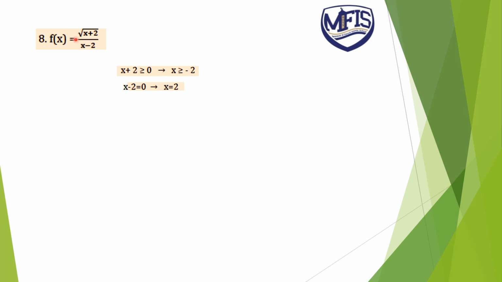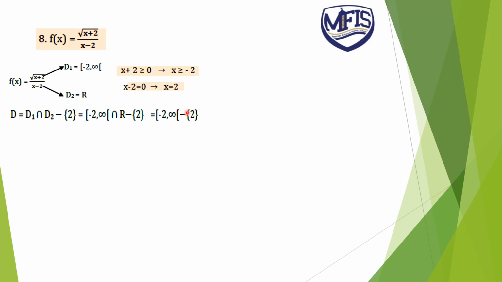And if we take x minus 2 in the denominator not equal to 0, we get x not equal to 2. If we draw the number line, we get the domain of the first from negative 2 to infinity, and the domain of the second is R. So the domain of the whole function is negative 2 to infinity intersection R except 2. The intersection of the two functions is negative 2 to infinity minus set 2.